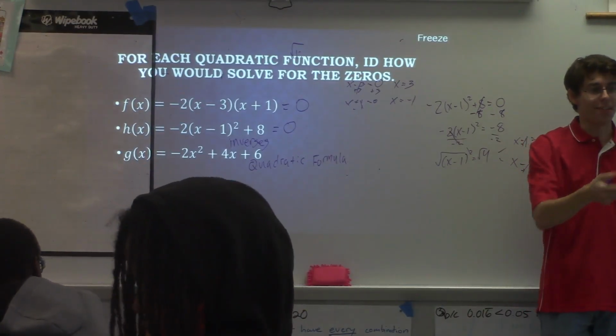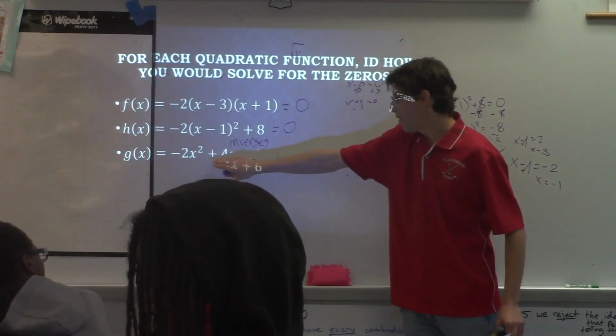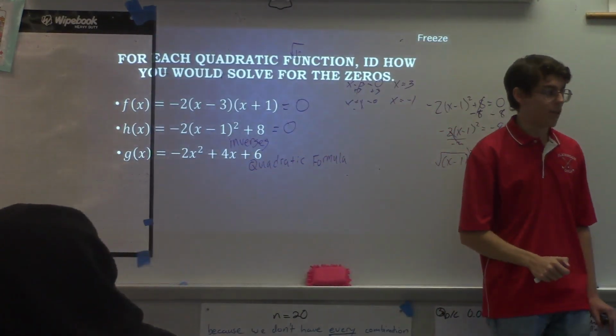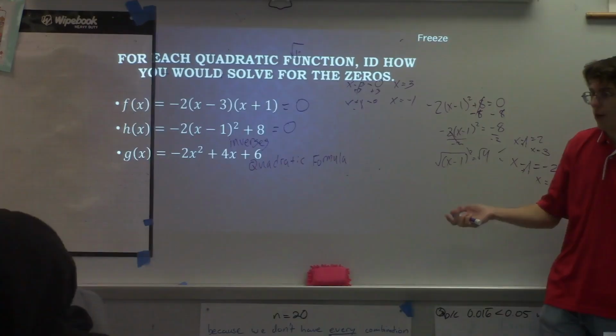A, B, and C, right? If we have standard form, we have A, we have B, and we have C. So once we find those letters, we can just substitute them into the quadratic formula.